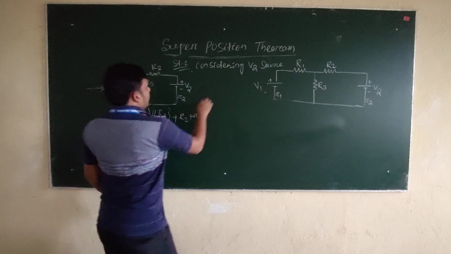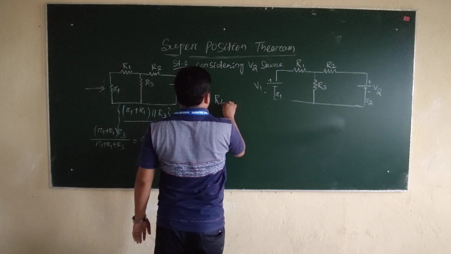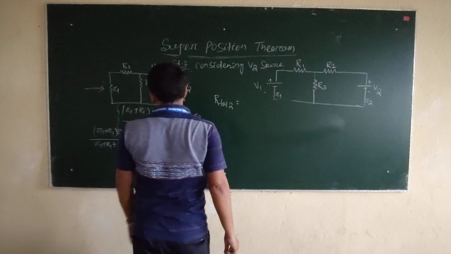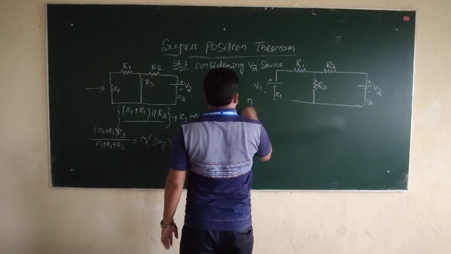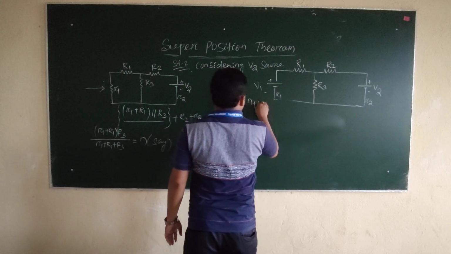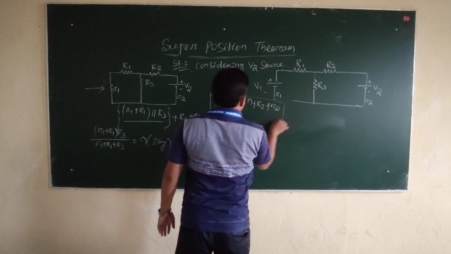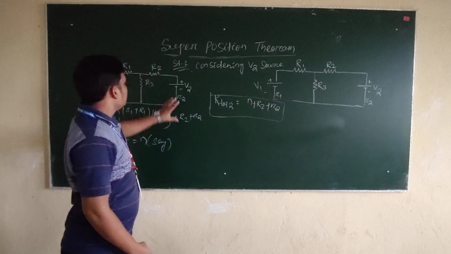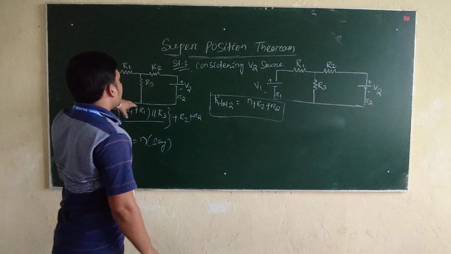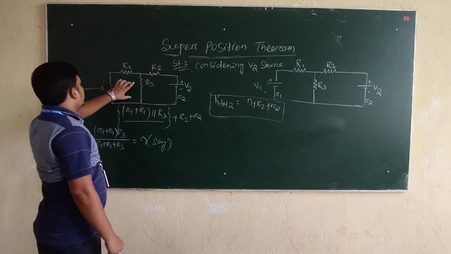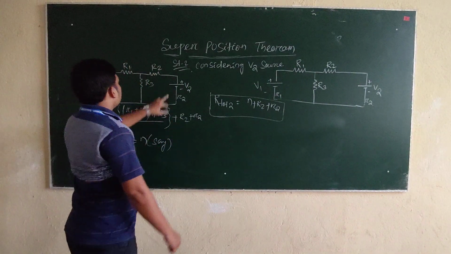So r total 2 is equal to n plus r2 plus R2. That is the total equivalent resistance for the circuit for the source V2.